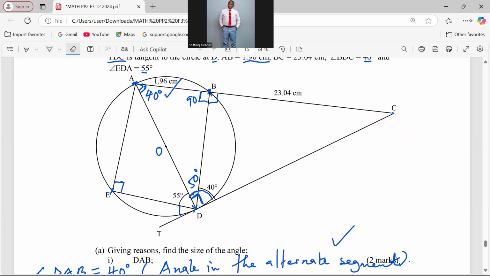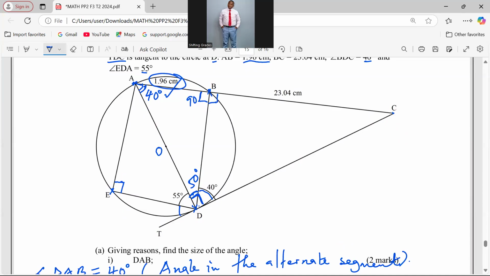sine rule, we will be talking about, let's say we start with this length because it has the opposite angle known.